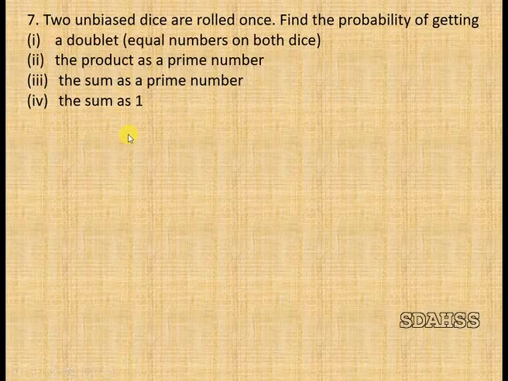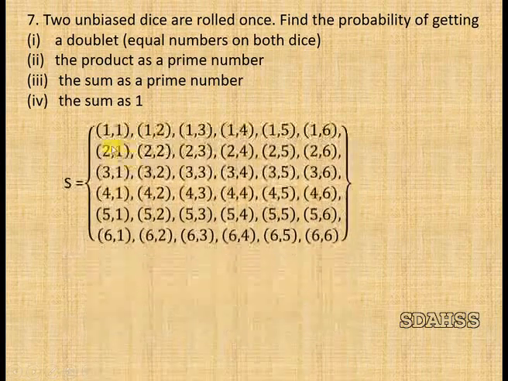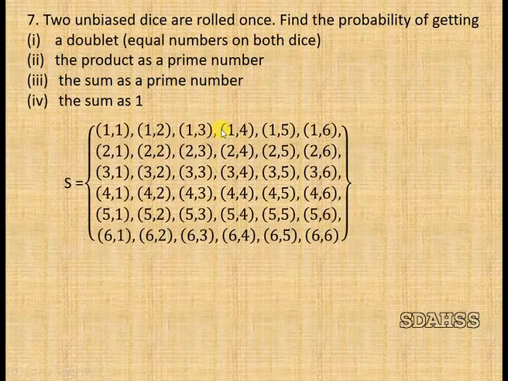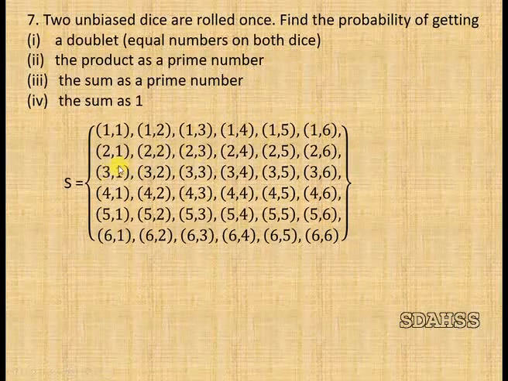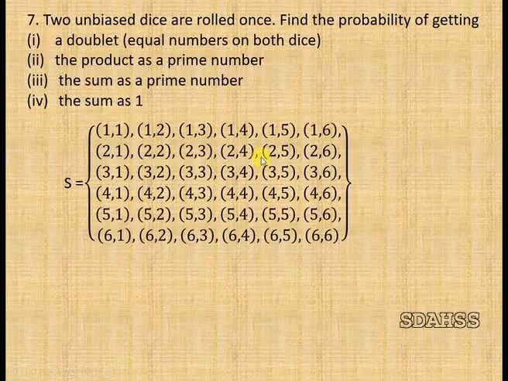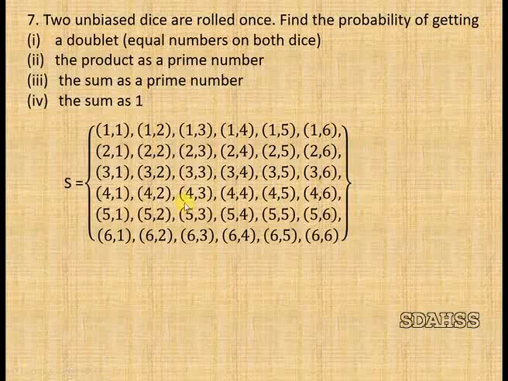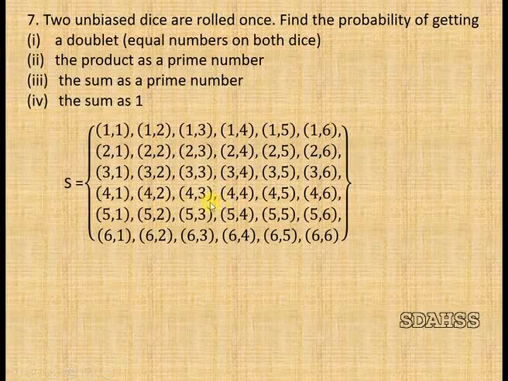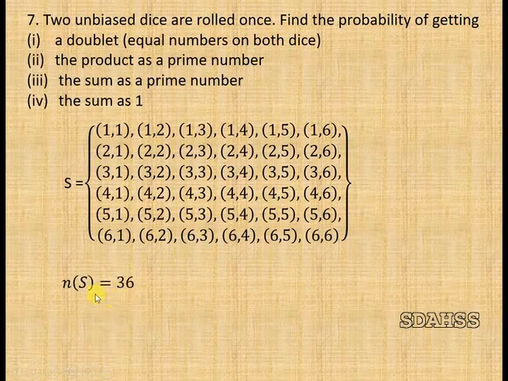Two unbiased dice are rolled once. The outcomes are 1,1; 1,2; 1,3; 1,4; 1,5; 1,6; 2,1; 2,2; 2,3; 2,4; 2,5; 2,6; 3,1; 3,2 and so on up to 3,6; 4,1 to 4,6; 5,1 to 5,6; 6,1; 6,2; 6,3; 6,4; 6,5 and 6,6.